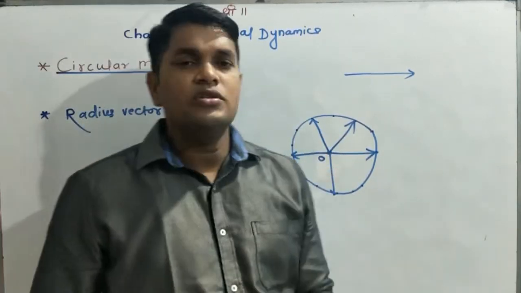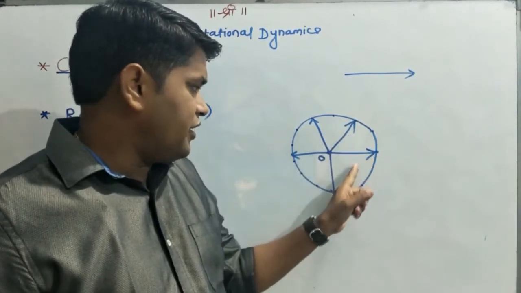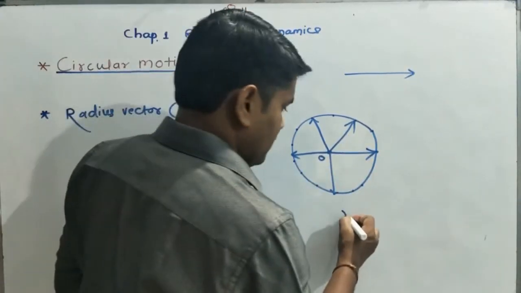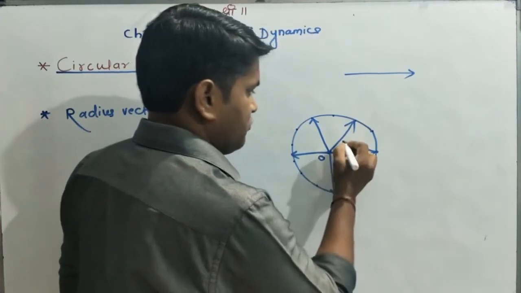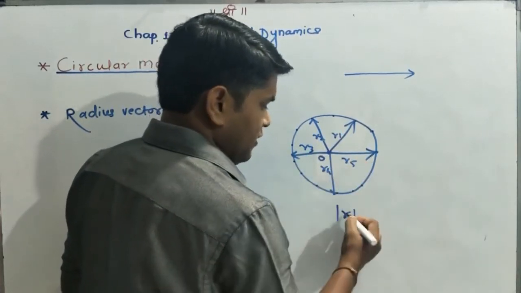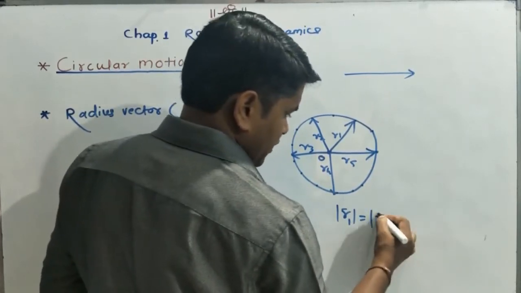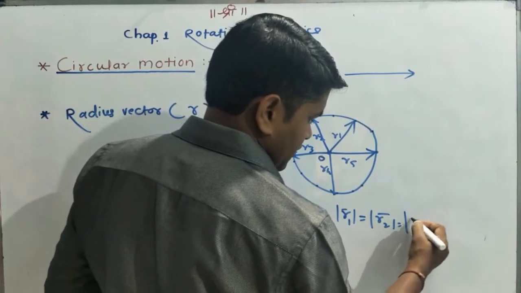If we observe this diagram, the magnitude of each radius vector is the same. Suppose these are R1, R2, R3, R4, R5. Then the magnitude of each radius vector is the same.